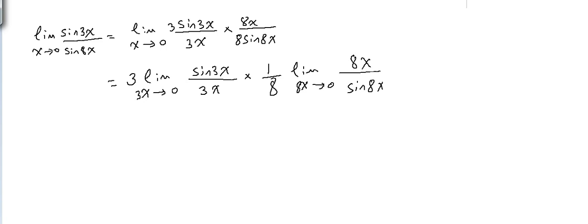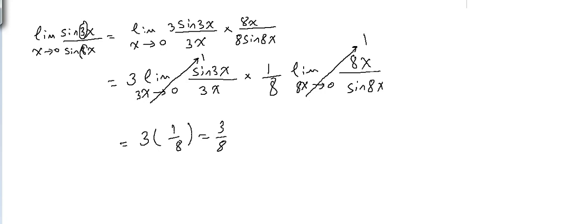If x approaches 0, then 8x approaches 0. This is the formula, the rule, it's 1: limit of sine u of x over u of x as u of x tends to 0. Same here, it's the reciprocal of 1, which is also 1. What is left is 3 times 1 over 8, so the answer is 3 over 8, and we can directly say it from here. Sine ax over sine bx as x tends to 0 is a over b, here 3 over 8.